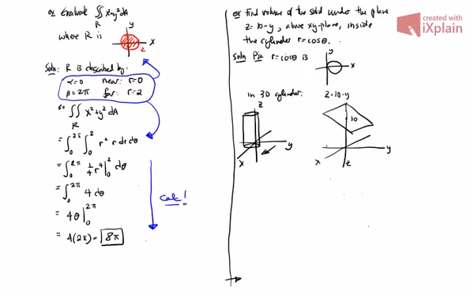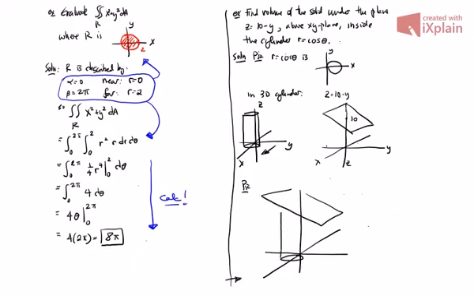So the overall picture of this, let me do the best I can, is we've got the cylinder right here. I'll draw the rest of the cylinder in a second. We've got this plane that goes like this. The cylinder comes up, it hits the plane in a circle.